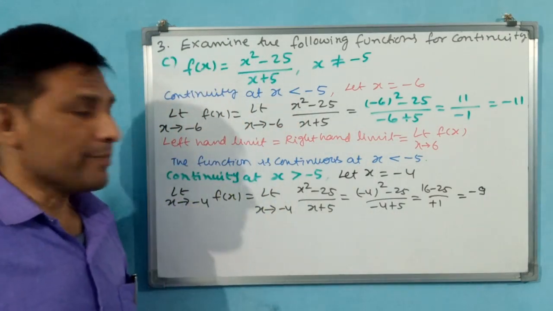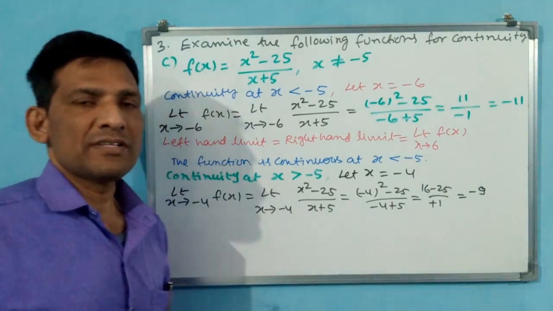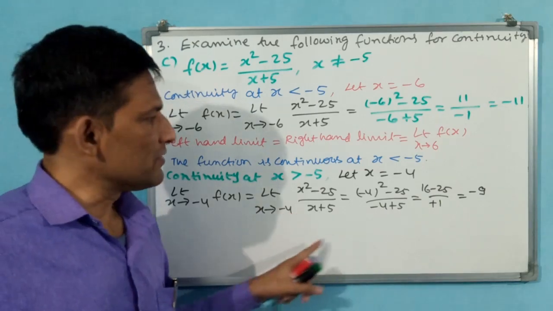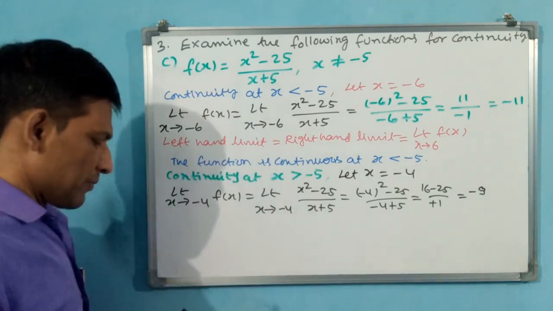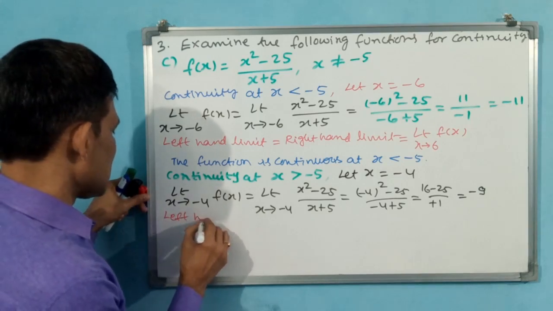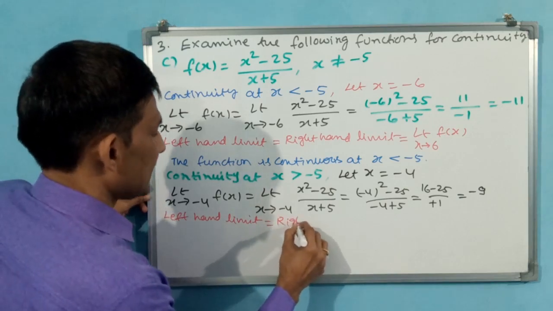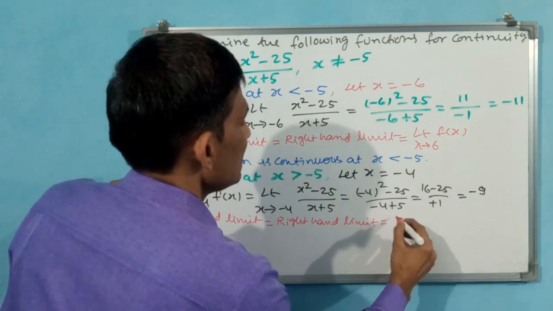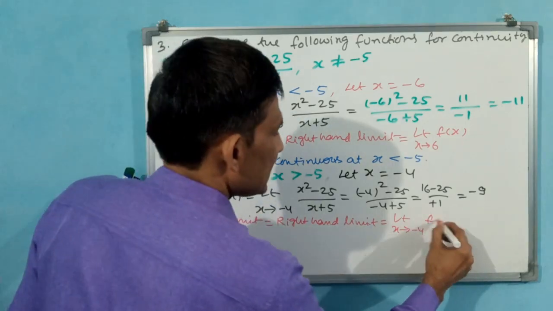Now you tell me, slightly less than minus 4, if I give left hand limit, is this value going to change? No. Next, right hand limit, slightly greater than minus 4, if I give, is the value going to change? No. Then what can you write? You can write like this: left hand limit is equal to right hand limit is equal to limit x tends to minus 4 of f of x.